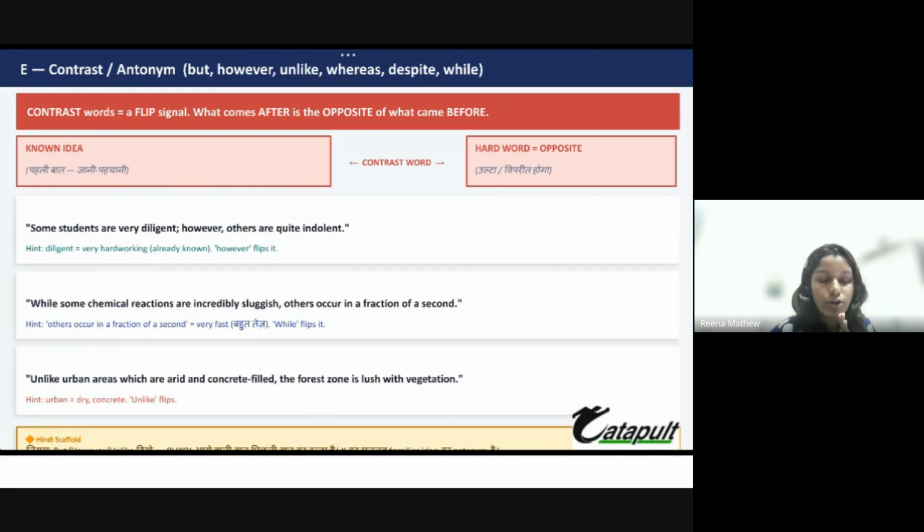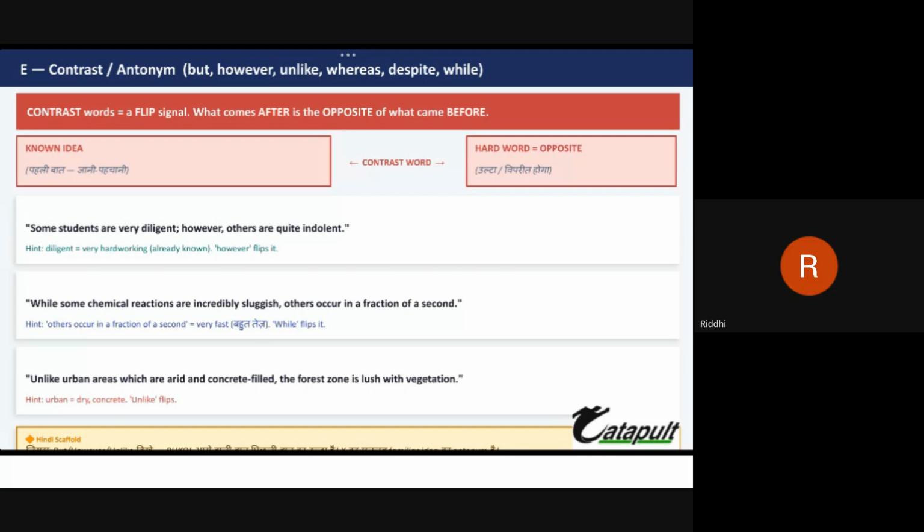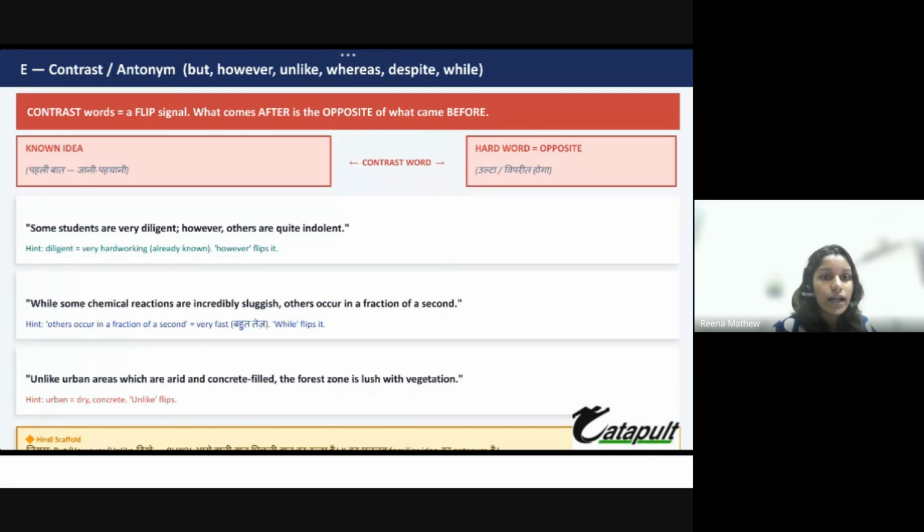While. Very good. So that contrast word is flipping the meaning of the first part. So when others occur in a fraction of a second, it means it's very fast. Okay, so what is the opposite of fast? Lazy. What is the opposite of fast? Slow. Right? So that is the answer.